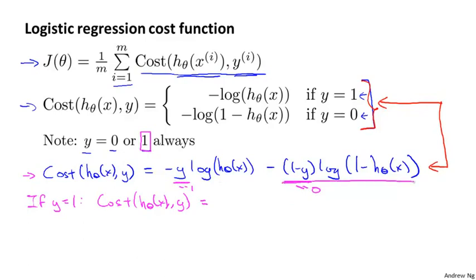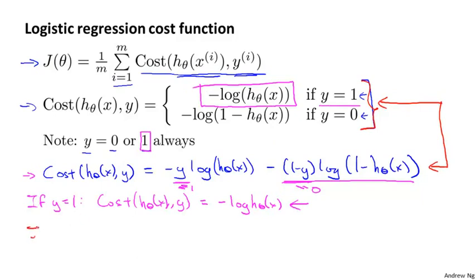So the second term gets multiplied by 0 and goes away, and we're left with only the first term, minus y times log h(x). Y is 1, so that's equal to minus log h(x). And this is exactly what we have up here for y equal to 1.